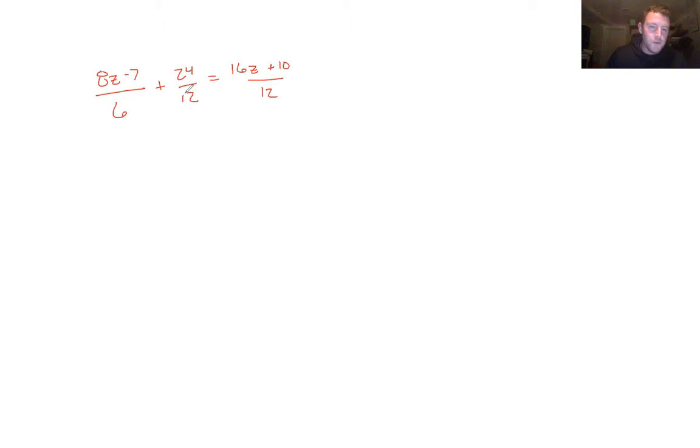Obviously 24 over 12 is 2. You could simplify this, but that one might be pretty tough to simplify, and I don't like fractions at all. I don't even want to try to simplify. So I'm going to multiply by the least common denominator. That would be 6 times 2 is 12, so I could get this to be 12, 12, and 12, right? So I'm going to multiply everything by 12.